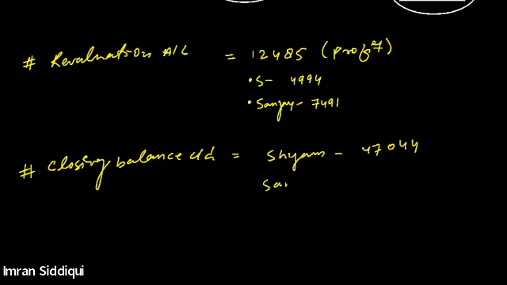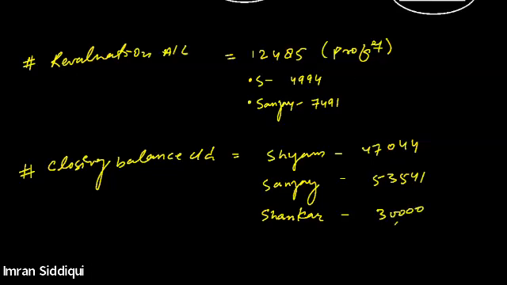For Sanjay, it will be 53,541. And for the new partner, what was her name? Shankar, sorry. For Shankar, it will be 30,000.